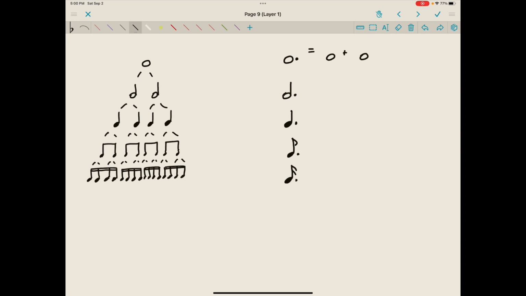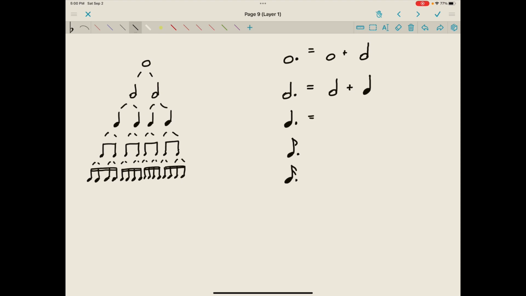So, well, a half note. And a dotted half note would be equivalent to, well, its actual note value plus half of that note value. The dot is worth half of a half note, so a quarter note.